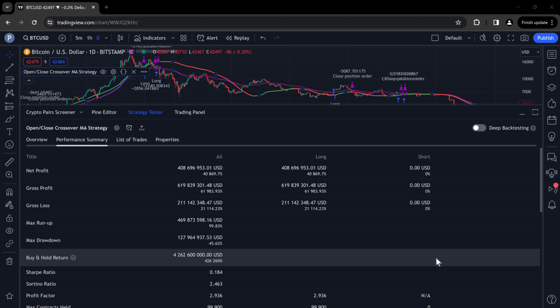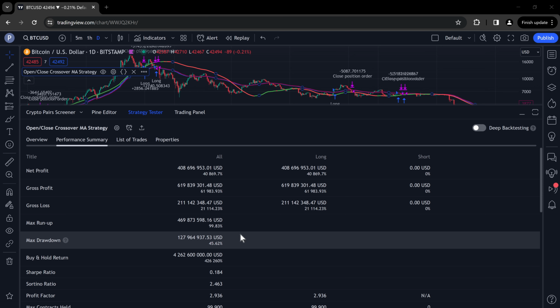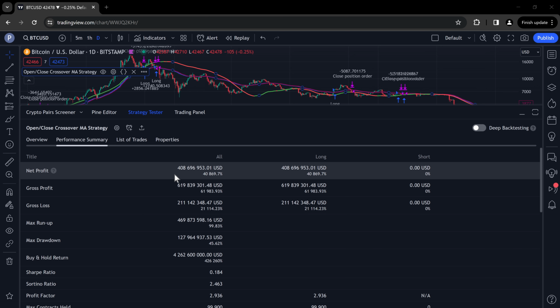This setup provides traders with more nuanced insights into the simulated trading performance of the strategy, covering long, short, and overall trades. Some of the important performance metrics in this list are net profit.